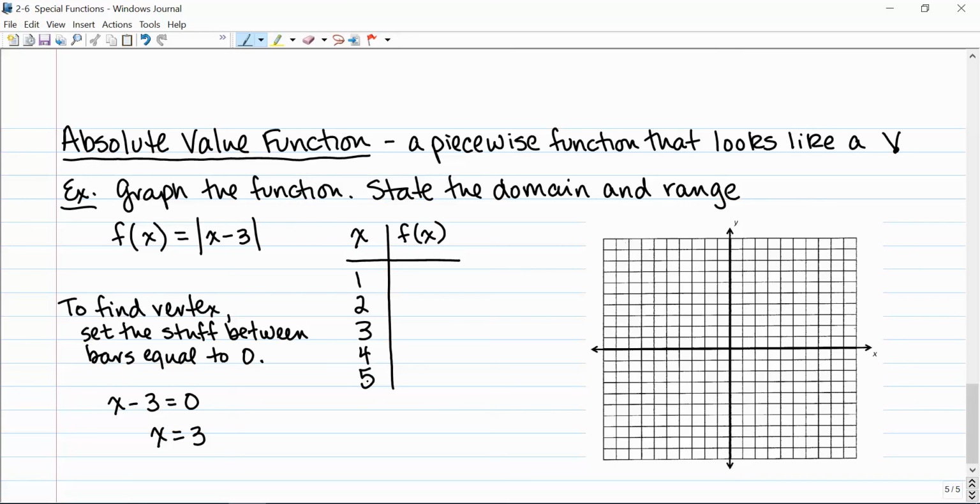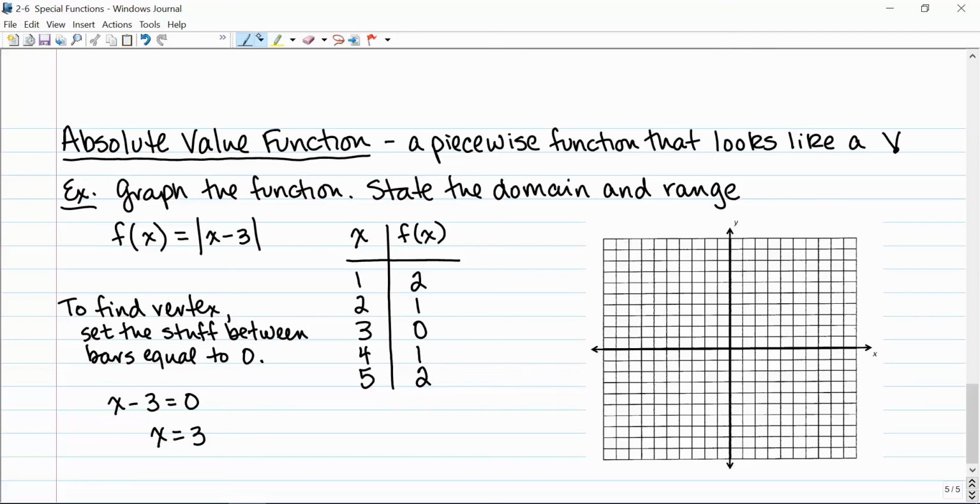And then go ahead and plug those in. So when I plug in 1, 1 minus 3 is negative 2. The absolute value of that is a positive 2. When I plug in 2, that gives me a negative 1. The absolute value of that is 1. When I plug in 3, I get 0. I plug in 4, I get 1, and 5, I get 2.